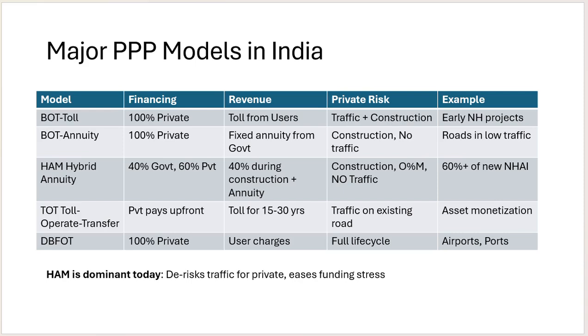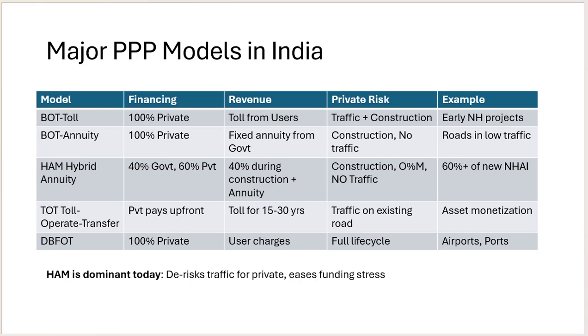Build, operate, and transfer is a public-private partnership model where the private entity finances, builds, and operates the highway project, and recovers revenue by collecting tolls for a set period, usually 20 to 30 years, before transferring ownership back to the government. It enables private investment in infrastructure while placing traffic and revenue risks on the developer. So that's the BOT toll model.